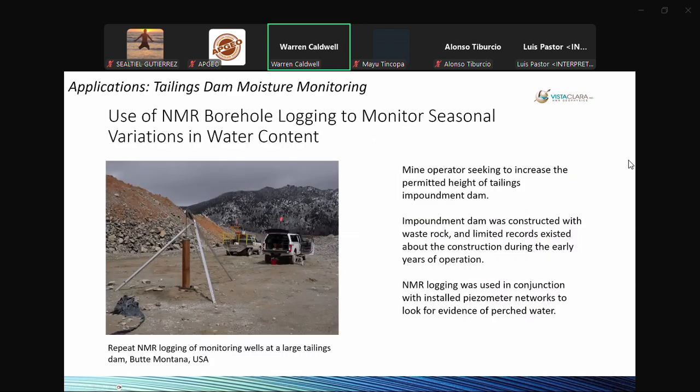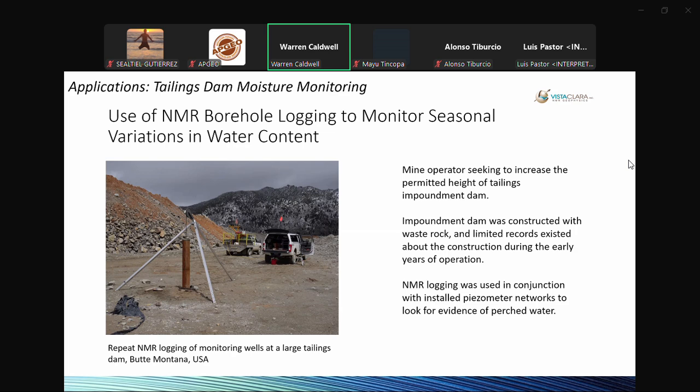We've also done logging in earthen dams, tailings impoundment dams. This is a tailings impoundment dam in Montana in the United States. The objective with this study was that the mine operator was seeking to increase the height of their tailings impoundment dam, and they wanted more information about the materials and the condition of the dam.